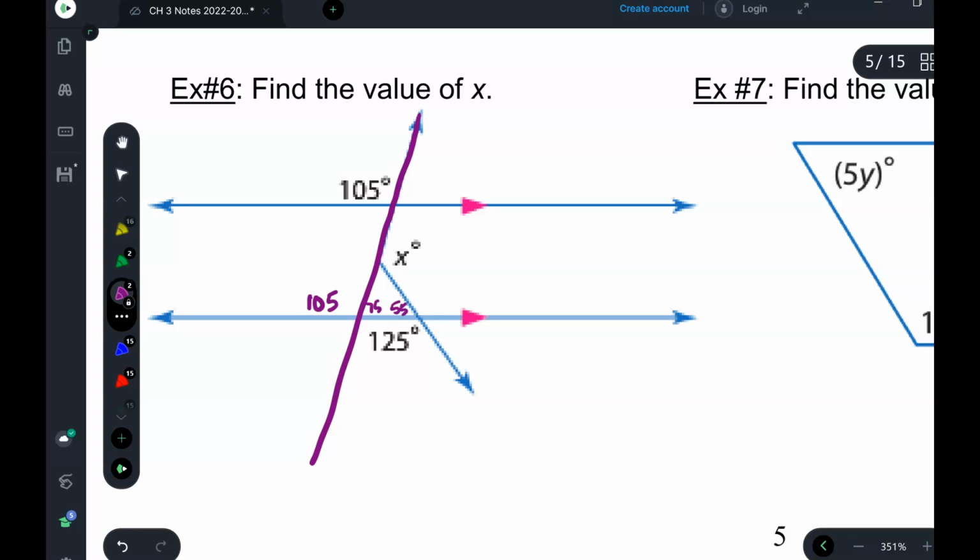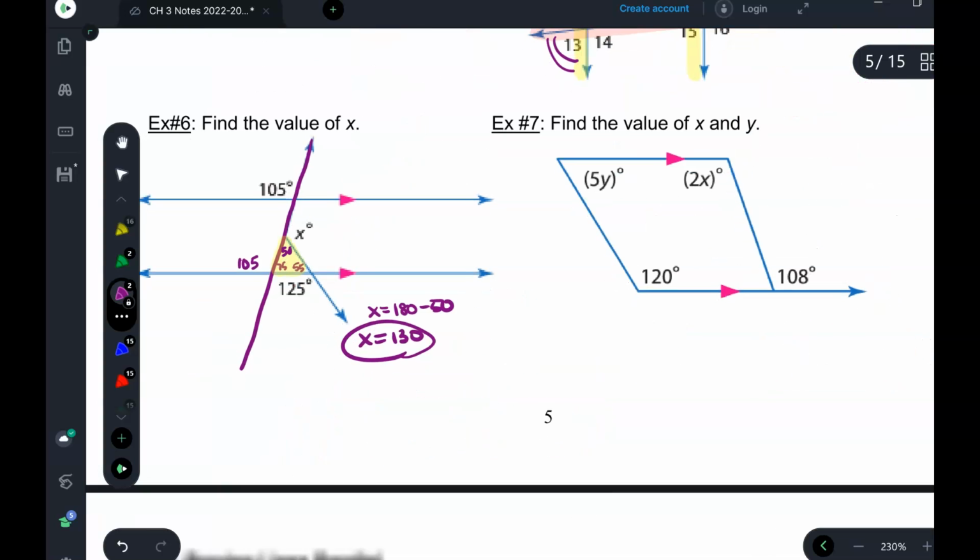Now I want to look at that triangle. We should know triangles add up to 180. So if I add 75 and 55, I get 130, and this has to be 50. So X has to make a linear pair, so X is 130.